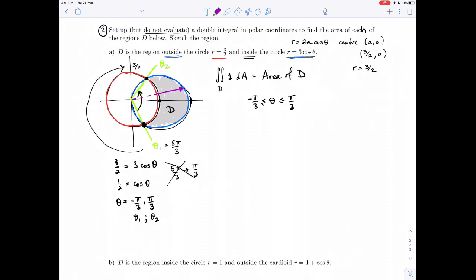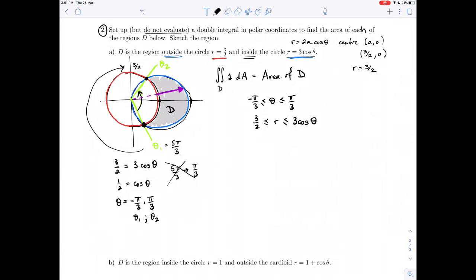We want to capture all radiuses from the red to the blue, which means that our inner radius is the curve 3/2. That's going to be less than or equal to r, which is less than or equal to the curve in blue, which is 3 cos of theta.